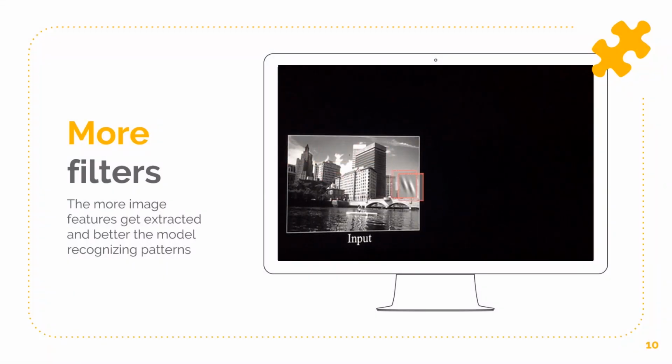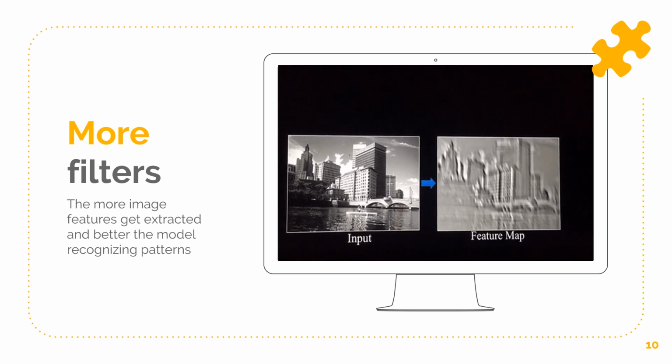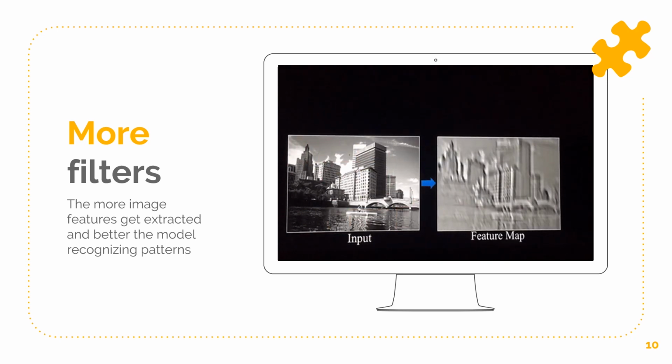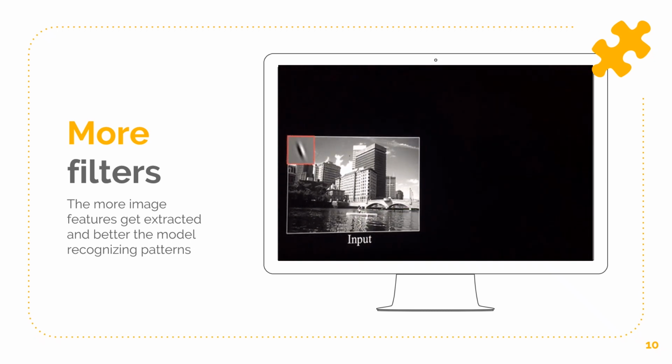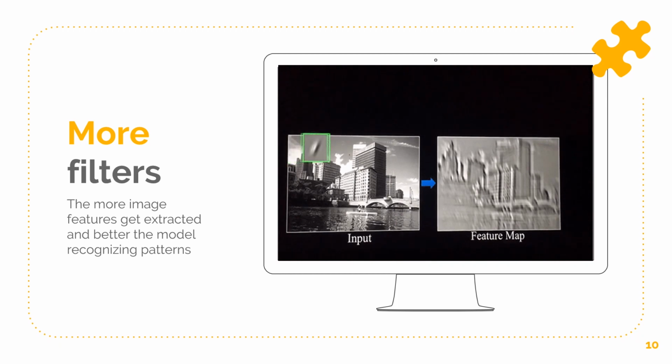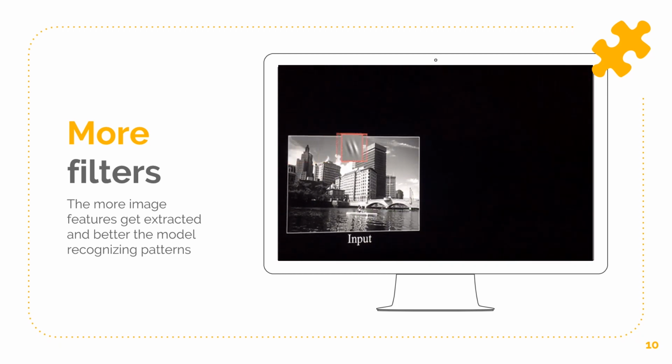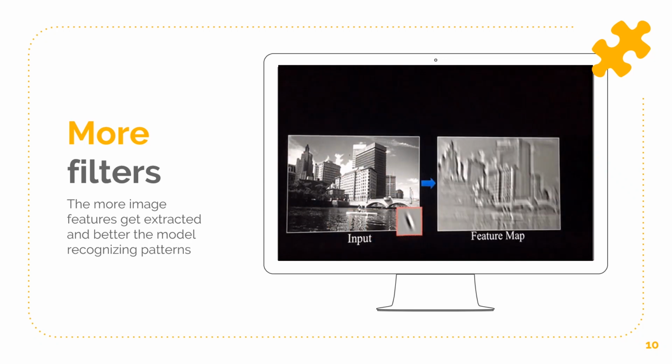One filter extracts 1 feature. In face recognition, some filters are used to recognize eyes, some are for nose, some are for mouth. The more filters we have, the more features we can extract from the image. It's better for our model to learn the image.